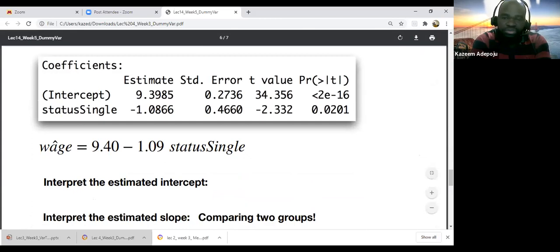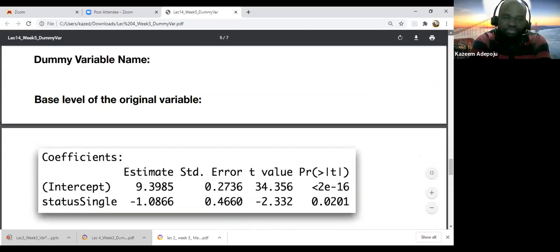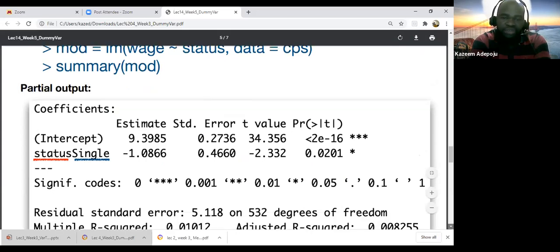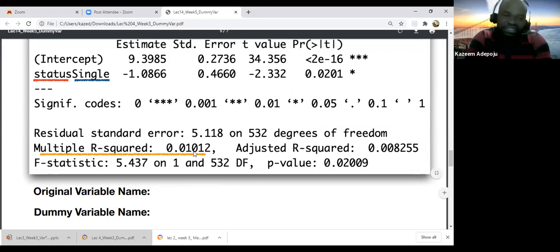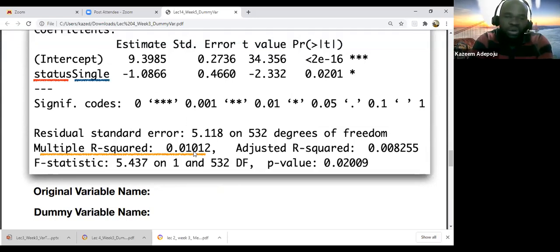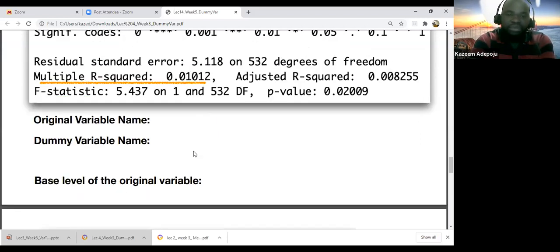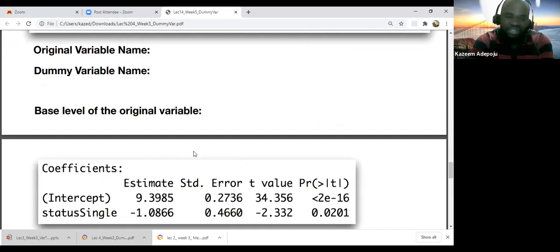Though I told you that this is more or less a poor model because of the R square value. The R square is so small. If I interpret this, if I multiply 0.01 by 100, that is more or less 1%, and that is extremely small. We're still coming back to that, but right now let us assume that everything is good.